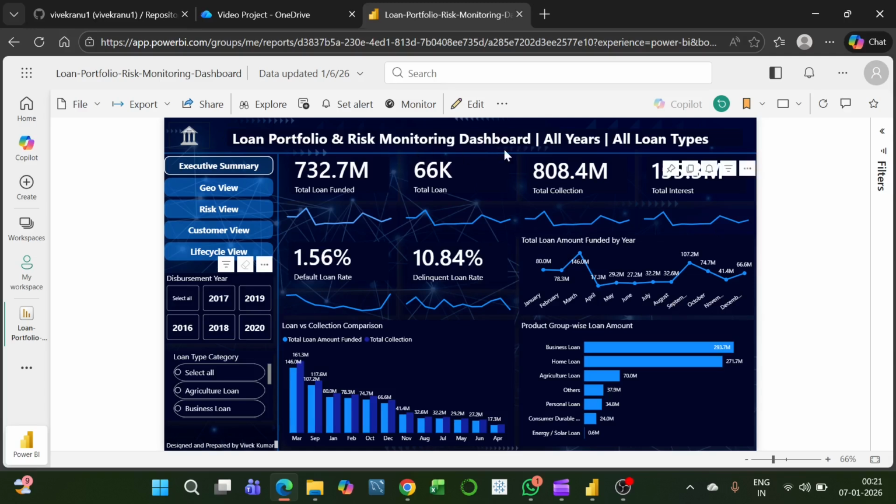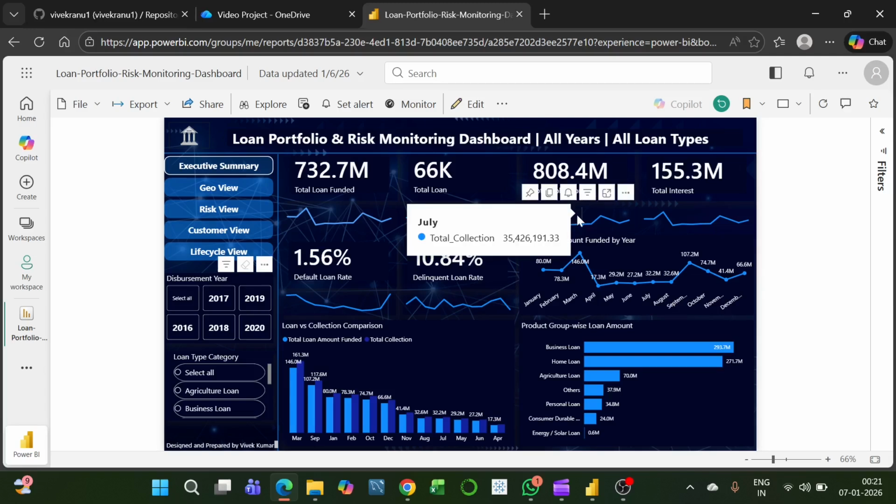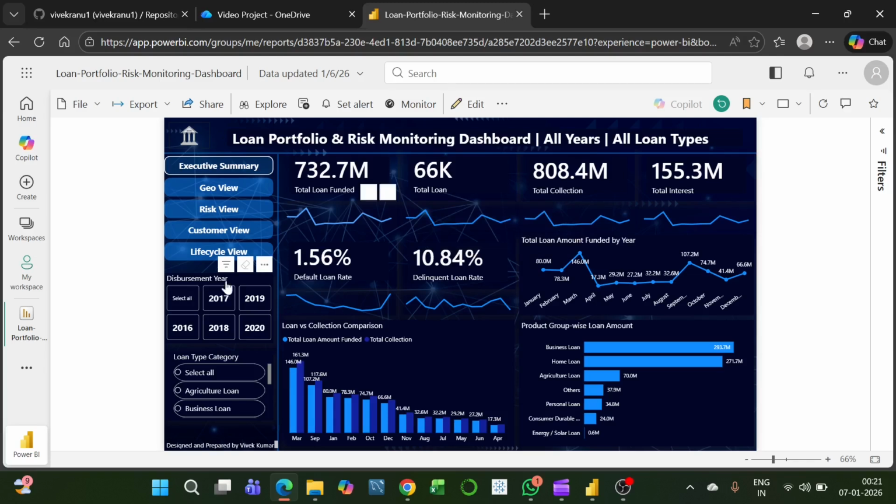This dashboard is designed to simulate a real-world banking or NBFC analytics scenario where business users need clear visibility into portfolio performance, credit risk, customer behavior, and loan lifecycle movement, all in one place. The primary objective of this dashboard is decision support.